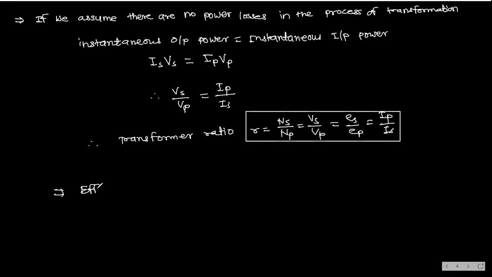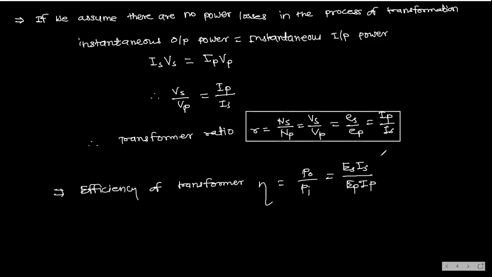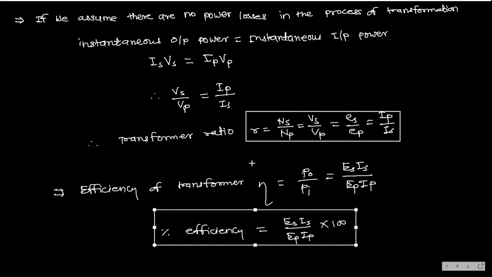Next one. Efficiency of transformer, that is eta, is equal to output power by input power, which is equal to ES IS divided by EP IP, and percentage efficiency is equal to ES IS by EP IP into 100. Understood?